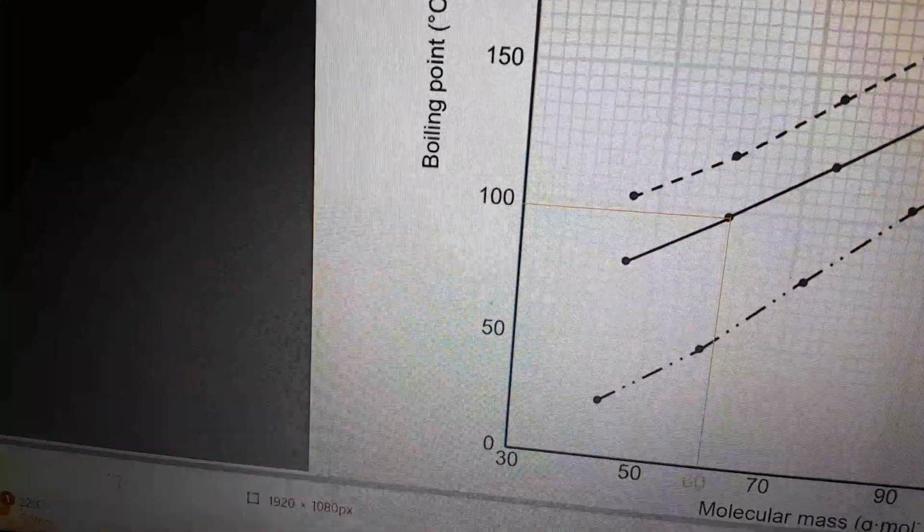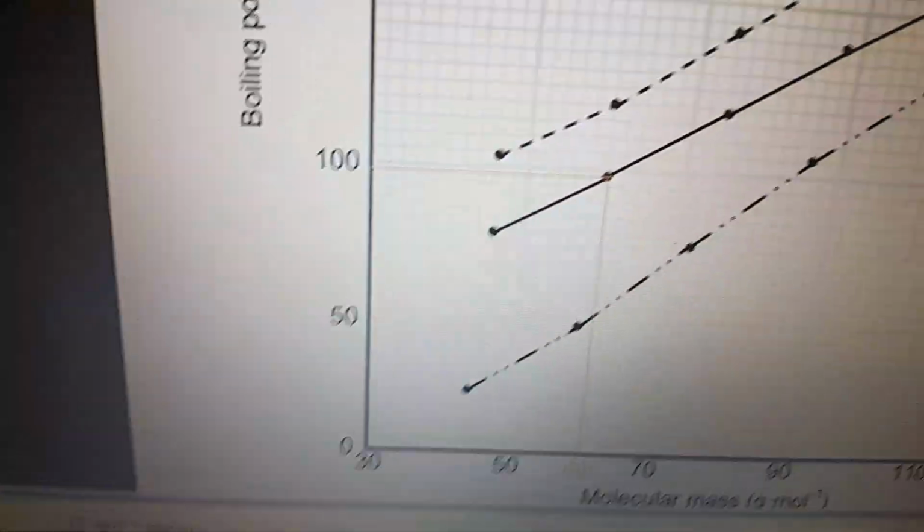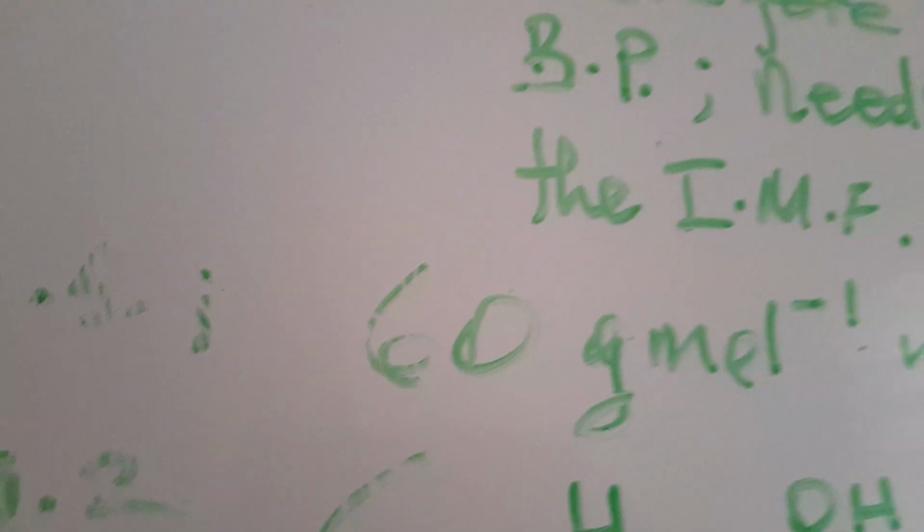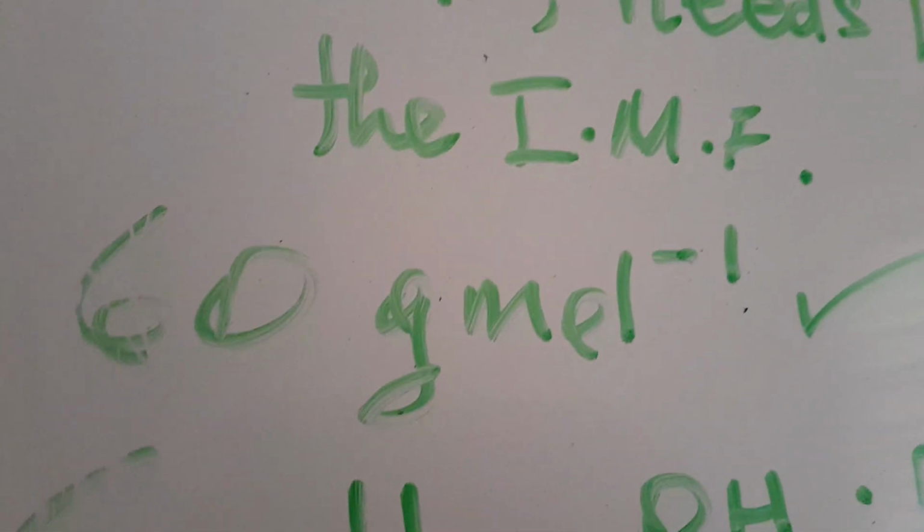And if you draw a straight line from there down to the molar mass, you'd see that it goes to 60. So the answer there is that the substance has a molecular mass of 60 grams per mole, and you get 1 mark for that.